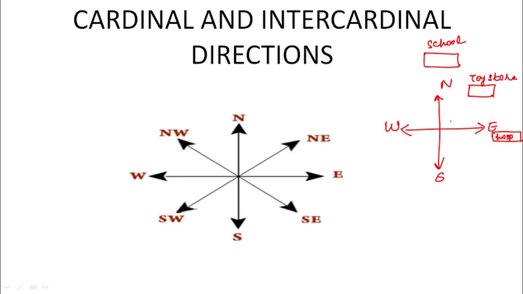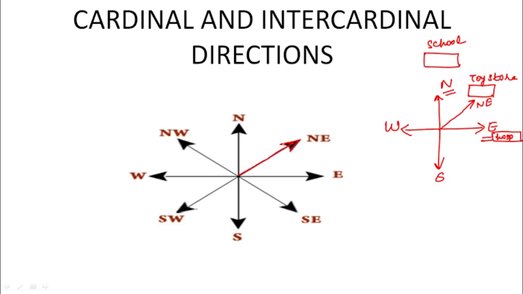Is this in north direction or is it in east? It's somewhere in between, right? So we can say that the toy store is in the northeast direction, that is between north and between east, or it is northeast. So that is what is represented here in this diagram.